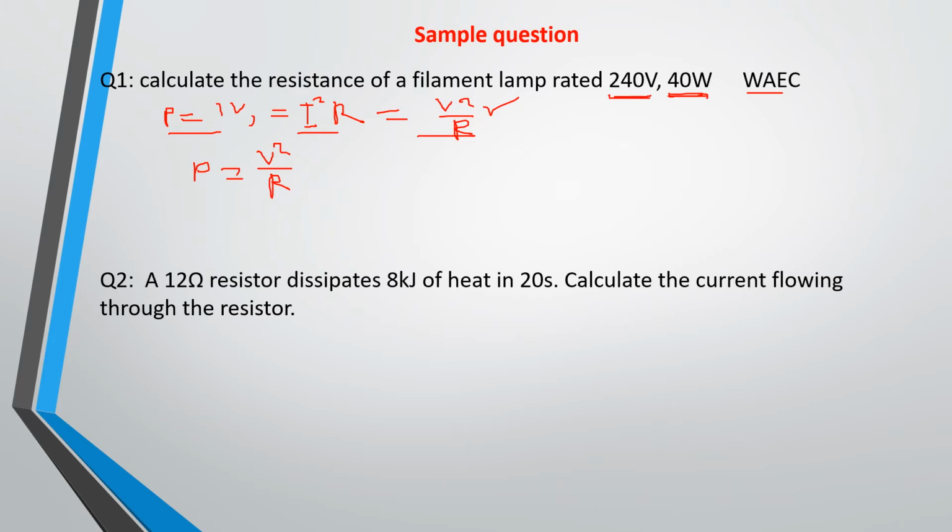All right, so you now make your resistance the subject of the formula, so that you have V squared all over power. Substituting into this equation, you have 240 volts times 240 all over 40.